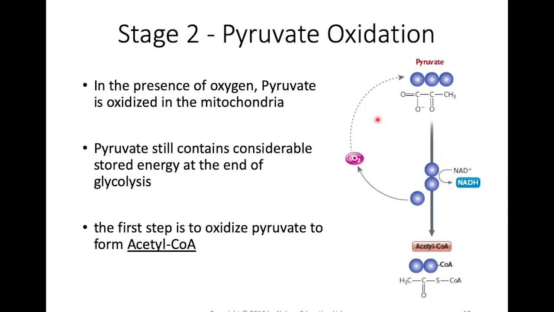Now remember, how many pyruvate are we starting with per glucose molecule? We are starting with 2 pyruvate per glucose. And so ultimately, we are going to be producing 2 CO2 molecules and 2 NADH molecules, as well as 2 acetyl-CoA that will each then enter into the Krebs cycle.